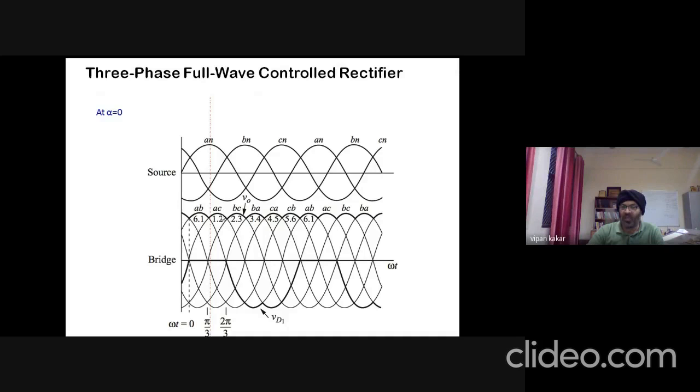It means thyristor T2 is turned on only after pi by 3. Next pi by 3, thyristor 3 is turned on. And then next pi by 3, thyristor 4 is turned on, and so on. So this condition also we have fulfilled. At every 60 degrees, there should be an interval of 60 degrees before we fire the next thyristor.